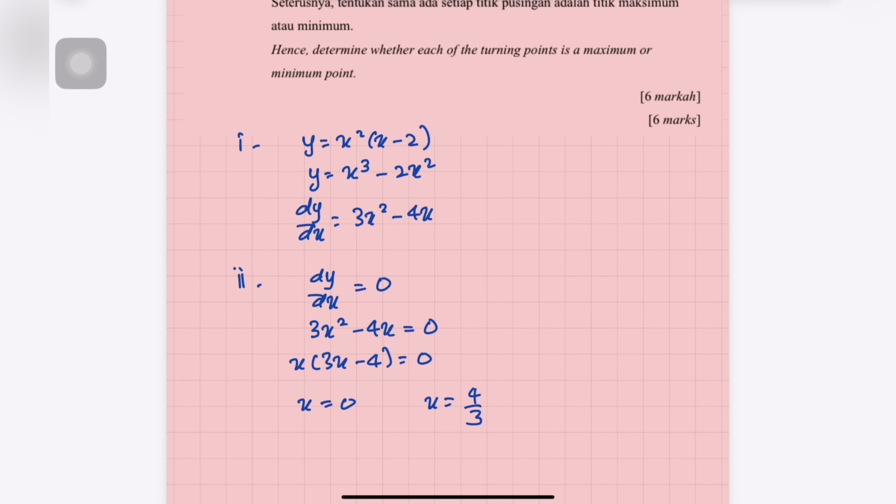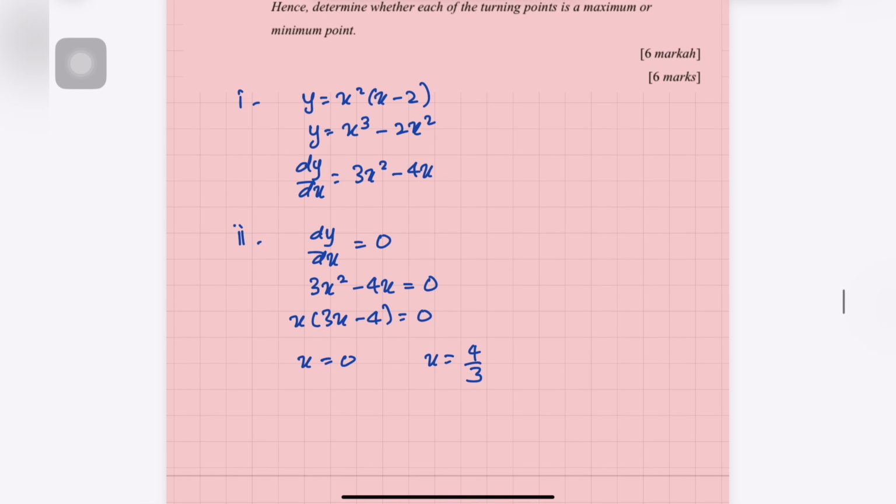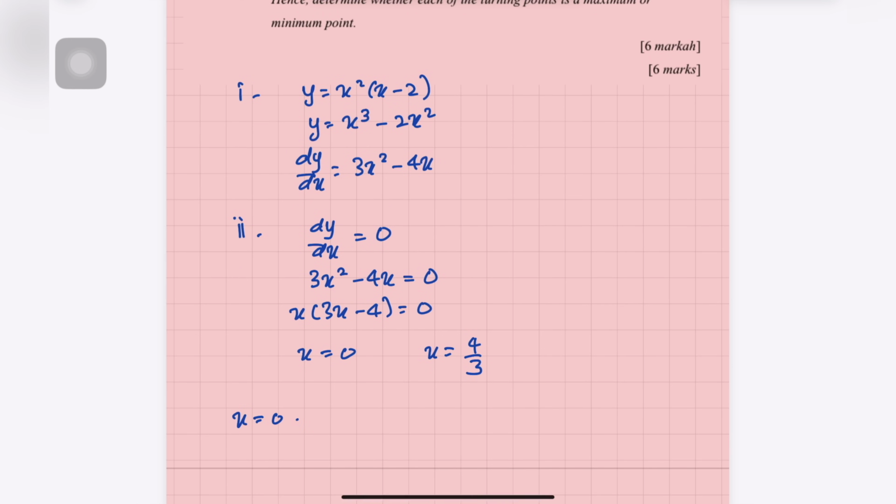Okay, to find the point, we need to find the coordinates of y. So when x equals 0, we substitute into y. So 0 cubed minus 2 times 0 squared equals 0. Okay, so the point is (0, 0).